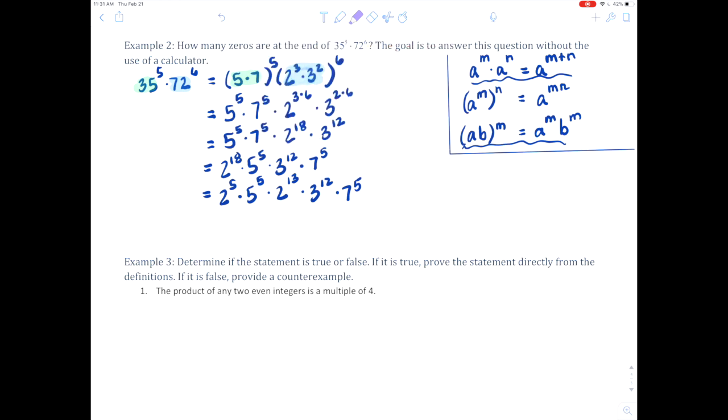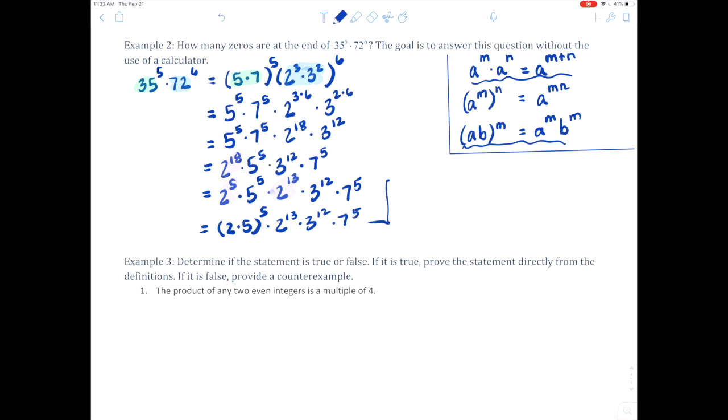And so this is what happened to the 2's. 2 to the 18th is broken down to 2 to the 15th times 2 to the 13th. Cool? All right, so continuing, we can now write this as 2 times 5, all raised to the 5th, right, times 2 to the 13th times 3 to the 12th times 7 to the 5th.